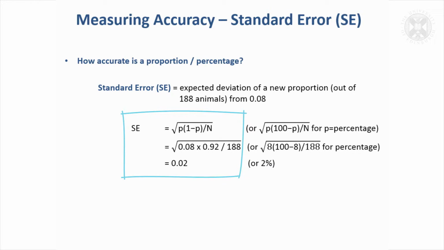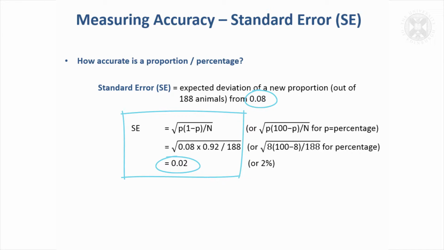So that tells us that if we were to do another study, then the proportion of calves with disease would be expected to differ from this 0.08 by 0.02. So it gives us a feel for how accurate that 0.08 is. So not particularly accurate, really.